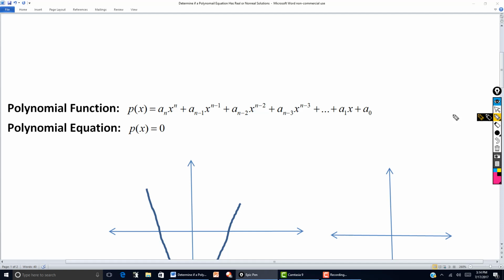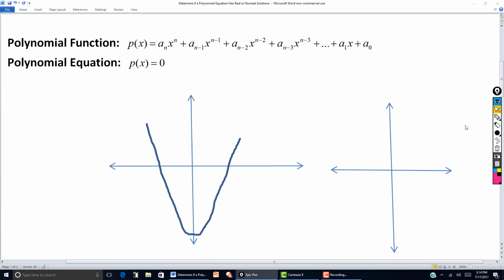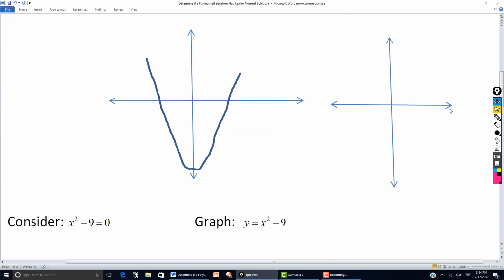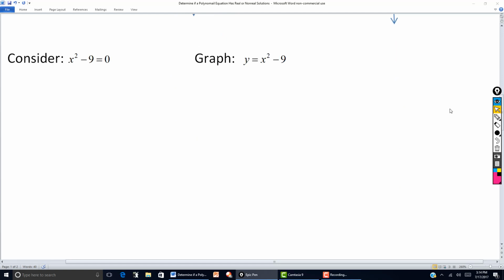This particular video really is just to determine whether a polynomial equation has a real solution. Anytime you're solving a polynomial equation, you can solve it on a graphing calculator or determine whether you have a solution by looking at the graph.